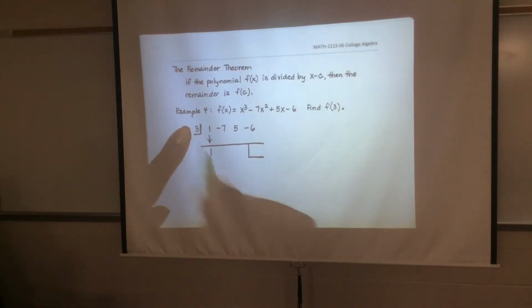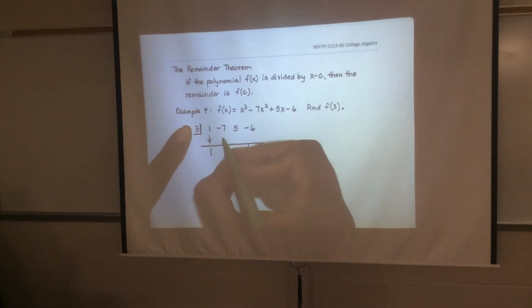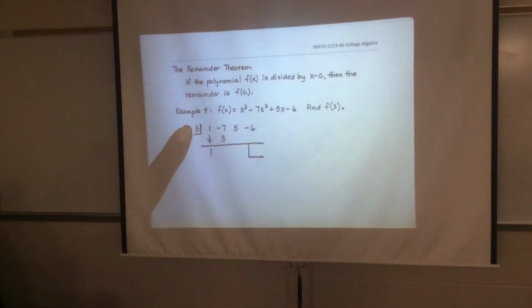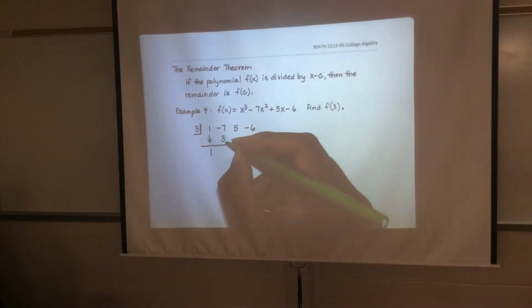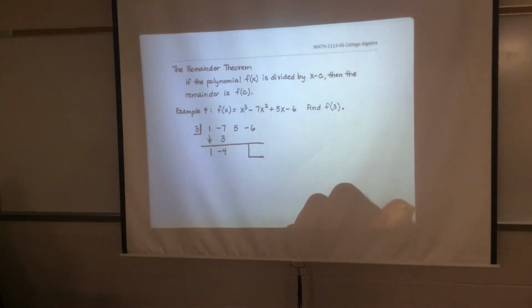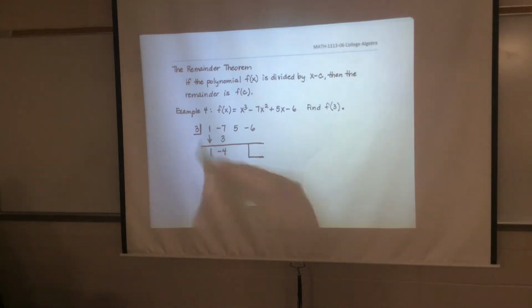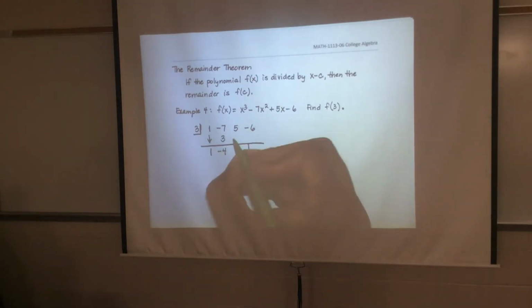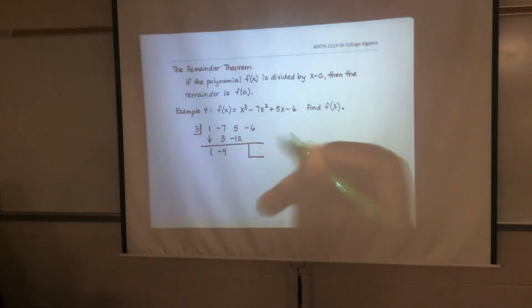Now I'm going to multiply my divisor by that number in the bottom row. So if I do 3 times 1, that's going to be 3. And then if I add -7 and 3, I'm going to get -4. Then I'm going to repeat that process again. Do 3 times -4. That's -12.